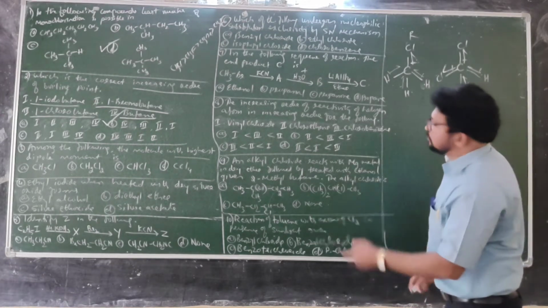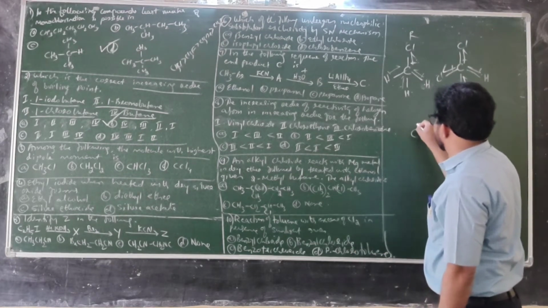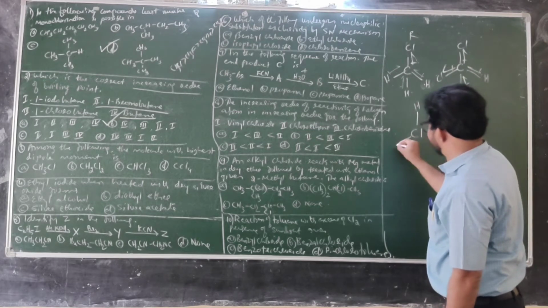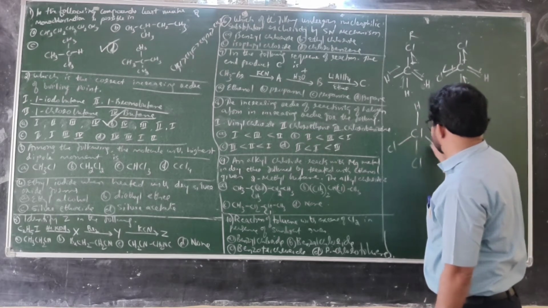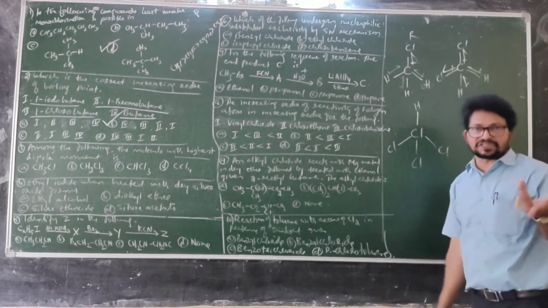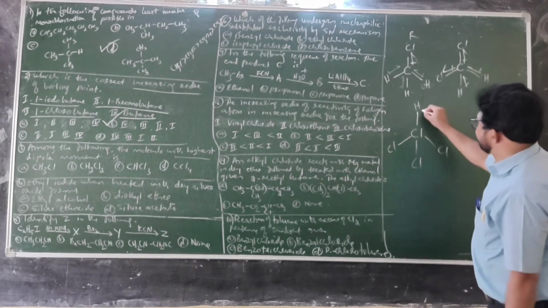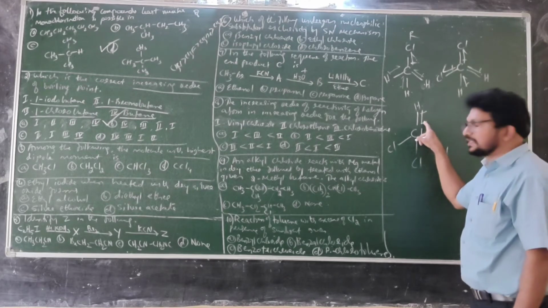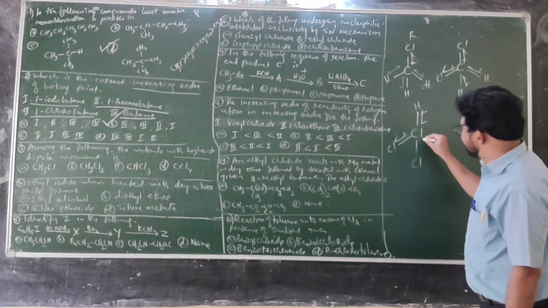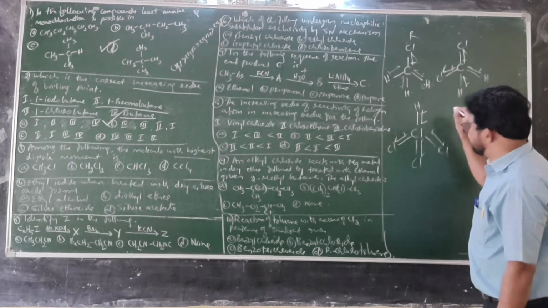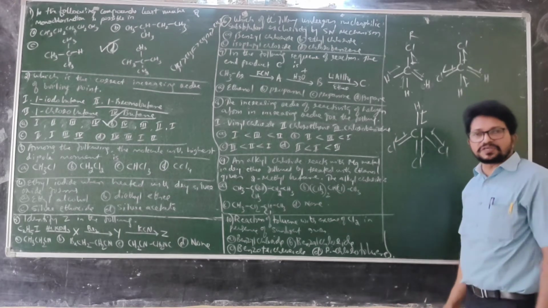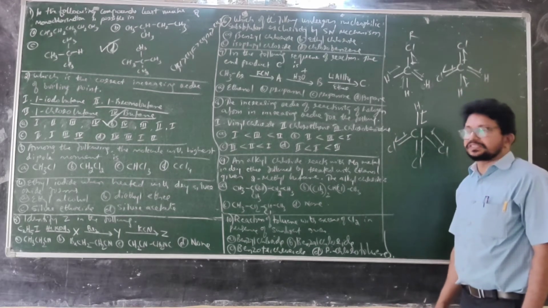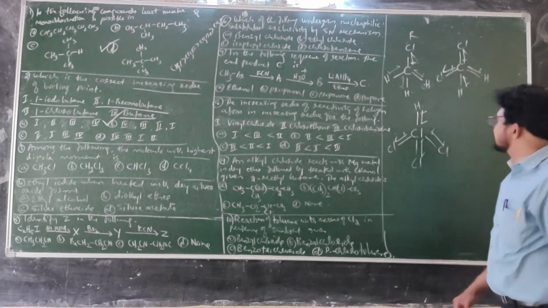But when you come to chloroform, I will write it the other way because the three Cl are in a tetrahedral structure. Now you see the dipole moment of the CH bond is divided between three CCl bonds. So here subtraction takes place.